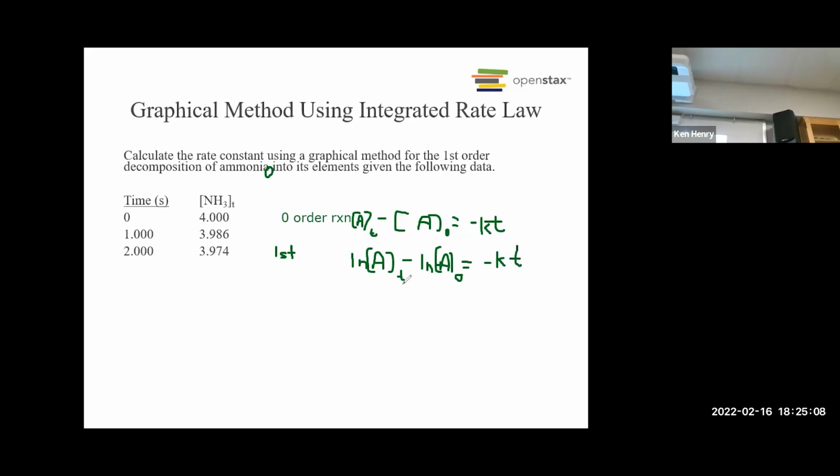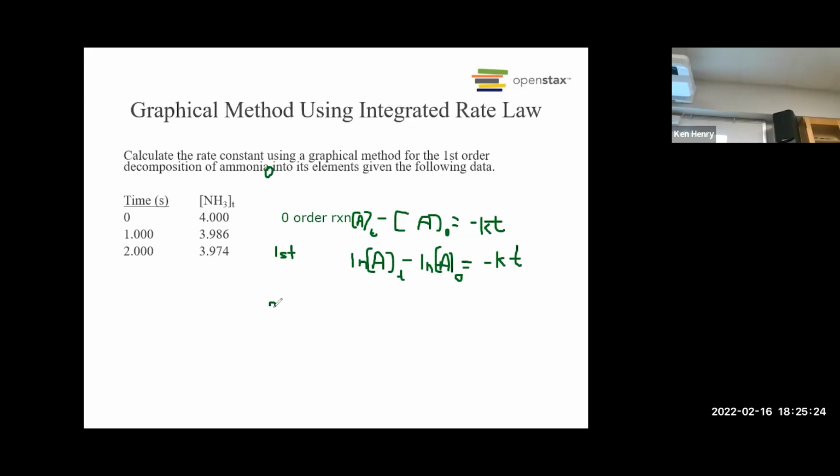Because we know that if we take the natural log of A naught over A t, then we take the minus of that, we get the equation. So that's the first order reaction.